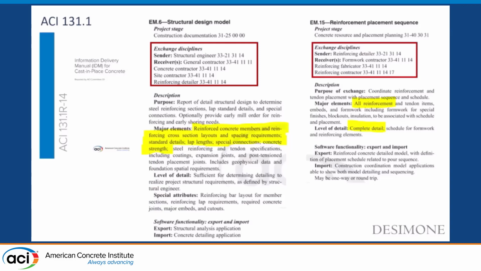And just to highlight how currently the 131 and most documents are focused on the structural engineering firm making a product for somebody else. The stuff I'm concerned about is internal customers inside the company.